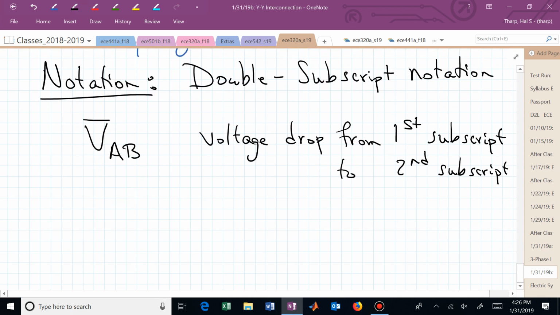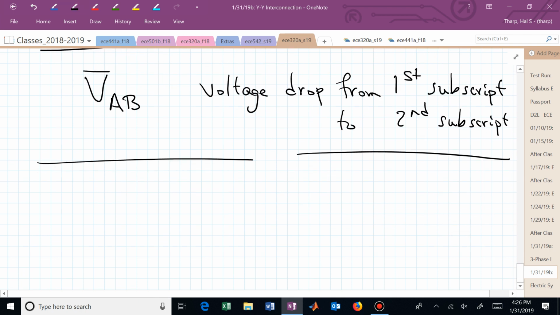And what we want to do now is figure out how we can extract a less complicated circuit from that three-phase mess. So how do we look at going from three-phase to a single-phase equivalent circuit?